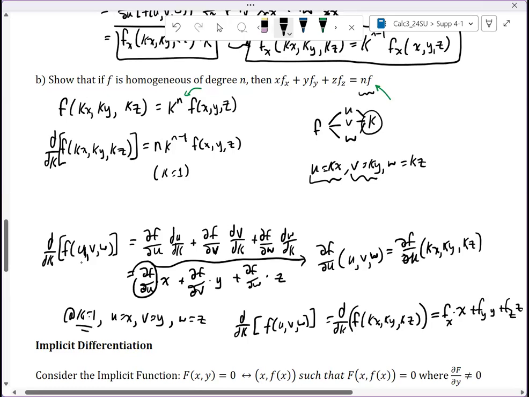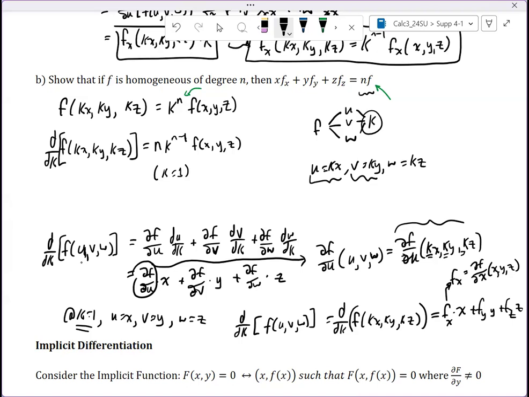Down here, whenever I plug in k equals 1, I'm thinking of this f_x as being partial of f with respect to x at, well, when k is 1, I'm just inputting x, y, z. So a little side note there on what the arguments are, because obviously it would be quite a big mess to write out all the arguments explicitly.